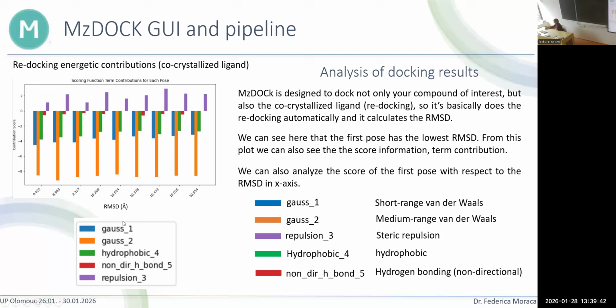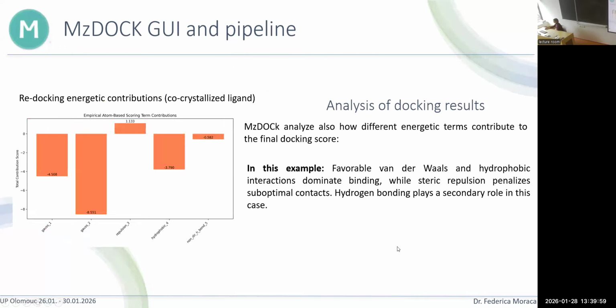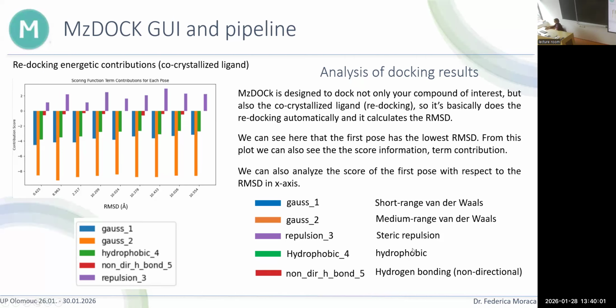We can see the energetic contribution terms, which are reported in this way. The Gauss 1 is referred to short range van der Waals. Gauss 2 is the medium range van der Waals. We have then repulsion.